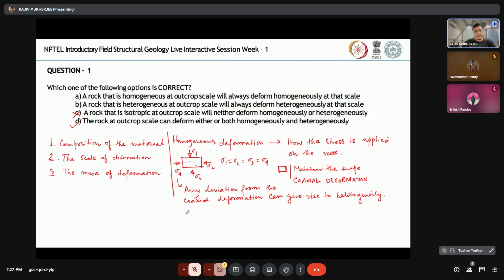Say for example, development of shear zone, or planar and linear fabrics. Anything, right?